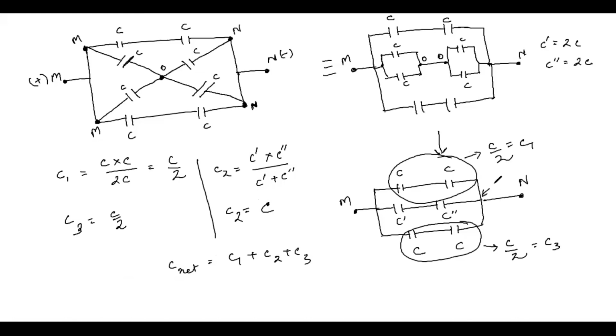From the middle branch you will have capacitance C2, which is nothing but C, and for the third branch you will have capacitance C3, so C by 2. Since they are connected in parallel, you use the parallel formula: C by 2 plus C plus C by 2. You will find an equivalent capacitance of 2C. So the equivalent capacitance of this circuit diagram is 2C.